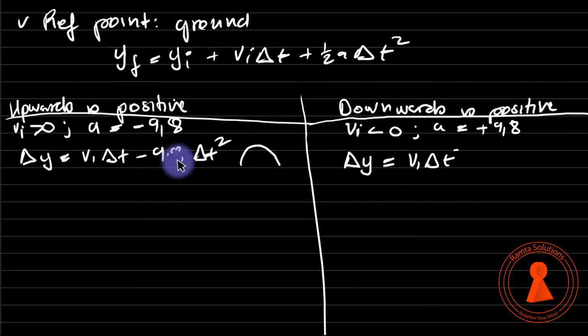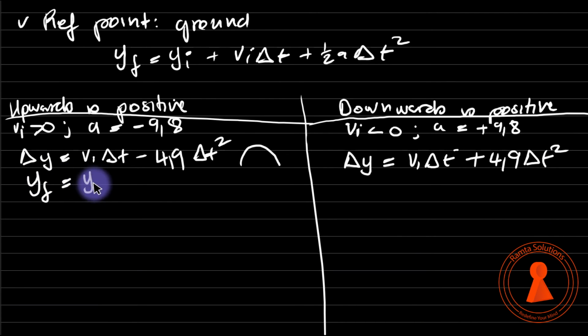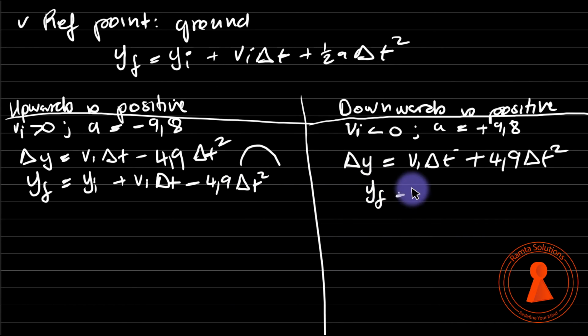Somebody says, but you've been showing us yf, yi, so this is similar to saying yf equals yi plus vi delta t minus 4.9 delta t squared, and this one is yf equals yi plus vi delta t plus 4.9 delta t squared.